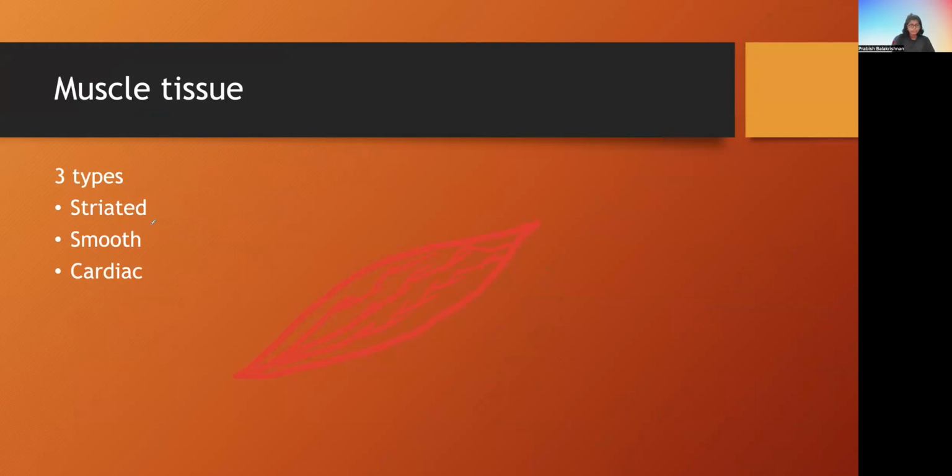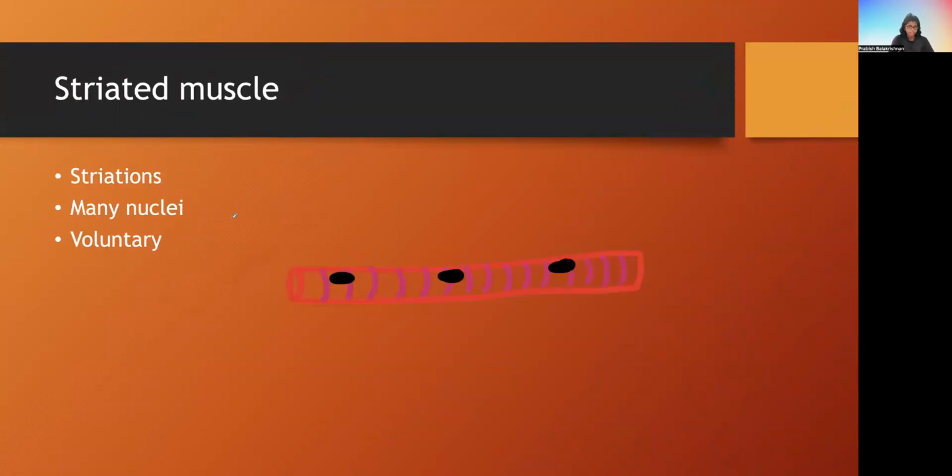Muscle tissue can be of three types: striated, smooth, and cardiac. Let's see striated first. Striated muscle has striations, because striations means stripes.